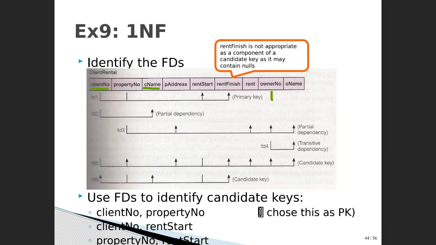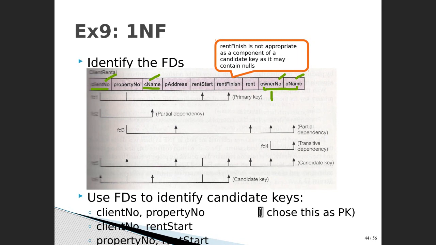These two also are partial. Most of the time, the partial dependency will include number and name. Number and name, the same. This is partial.